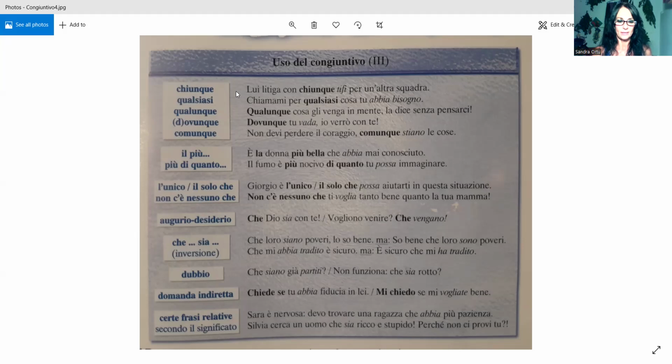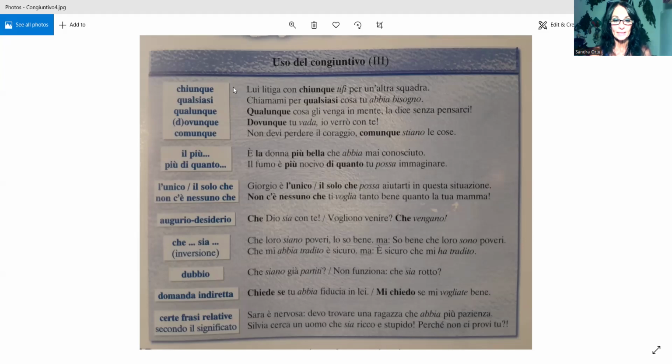This is why it's better not to make it too long and too overwhelming, especially if you've never seen this tense before. You don't want too much information all at once. So we'll see this one and then we'll close this session for now.